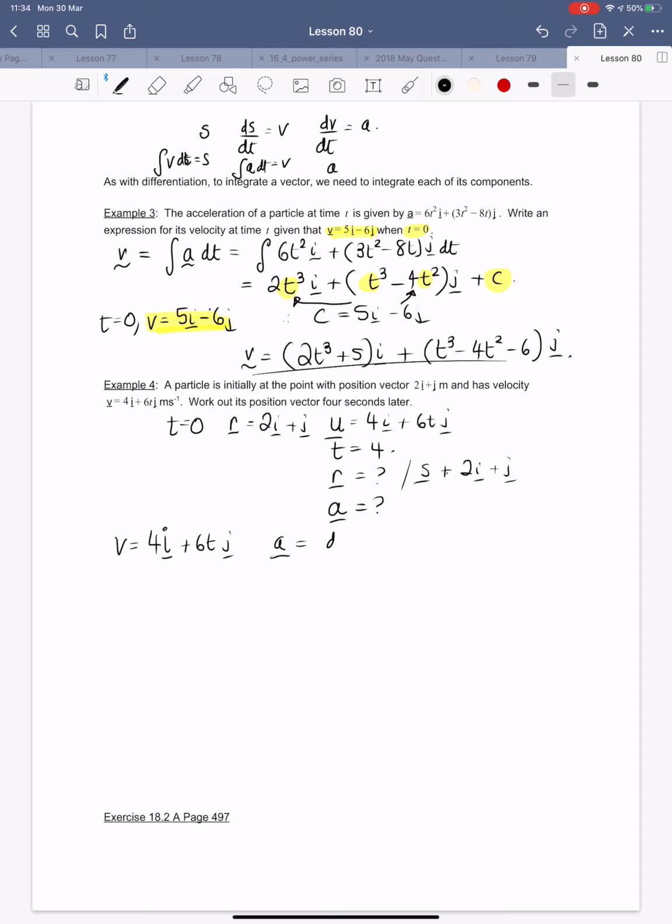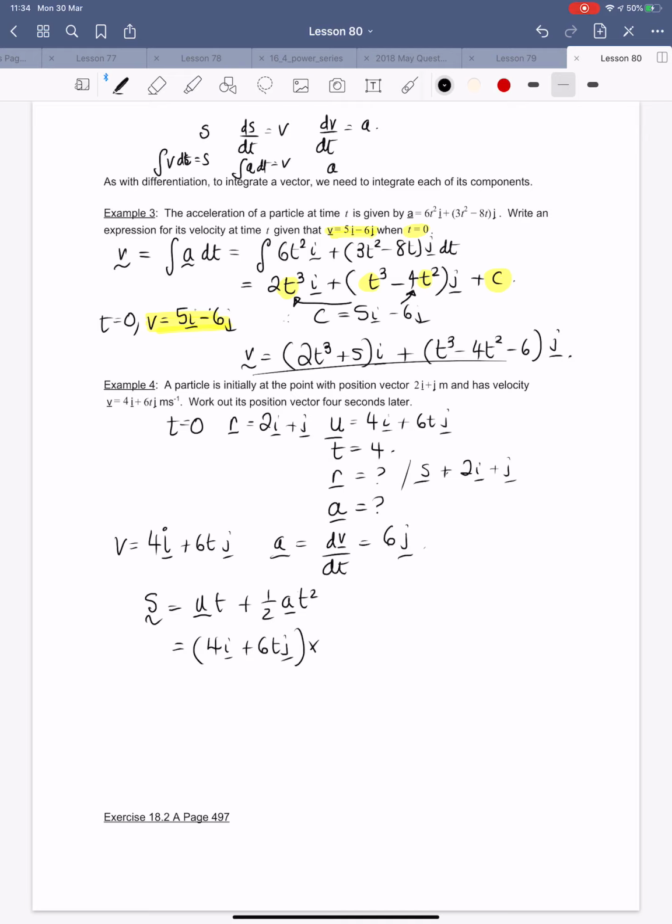Acceleration is dv by dt, which is going to be 6j. So s, which is ut plus a half at squared, so it's 4i plus 6tj, and that's times 4.